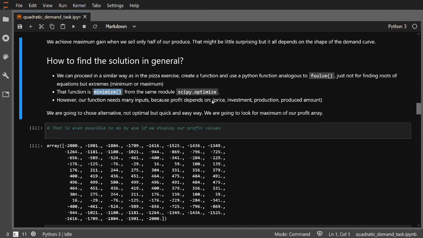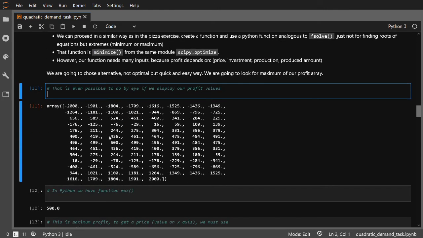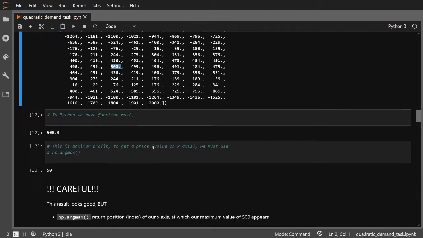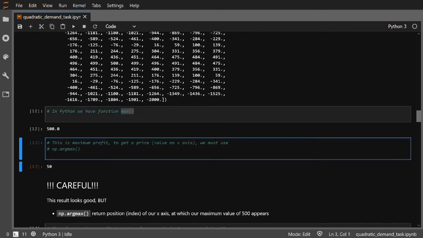However, since the profit depends on many variables, we are going to choose a quick and easy way, which is looking for a maximum of an array, which we can do even by eye by printing out all the values and finding the maximum. However, in Python we have a function for that, which is called max, but we don't want to know the maximum profit, we want to know the price which leads to maximum profit.